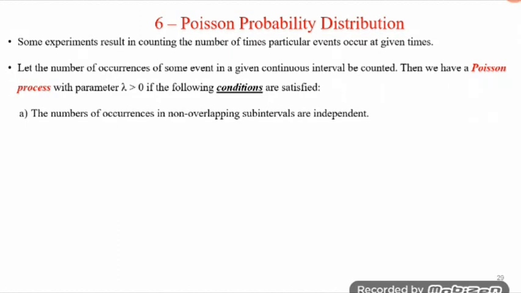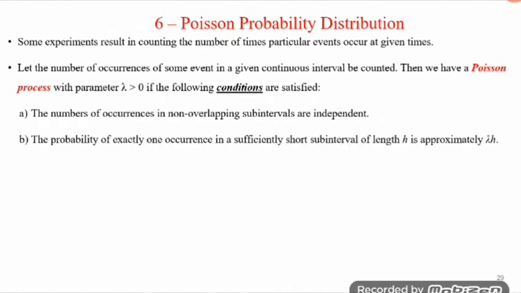It's very important that if we have more than one interval of time, the intervals should be independent or non-overlapping. So the condition of independence here is very important. The next condition is that the probability of exactly one occurrence in sufficiently short subintervals of length h is approximately lambda h.